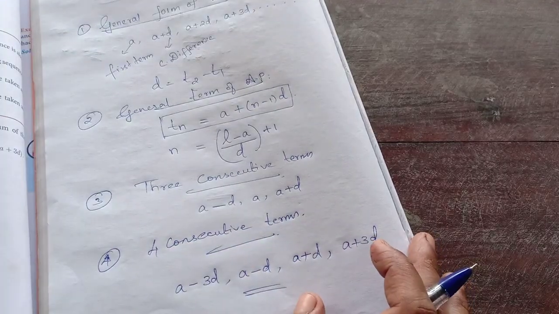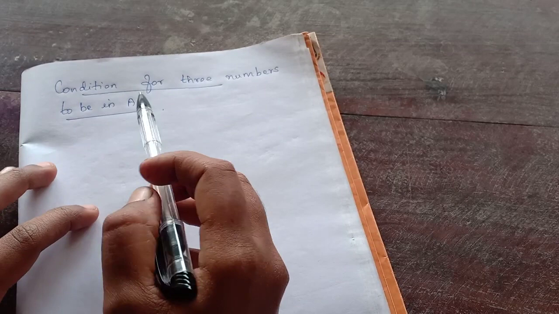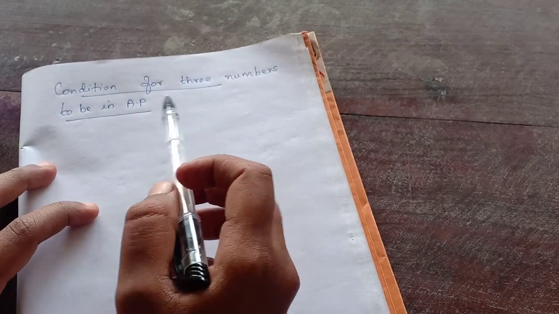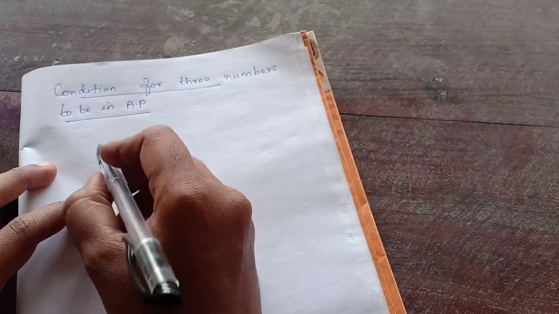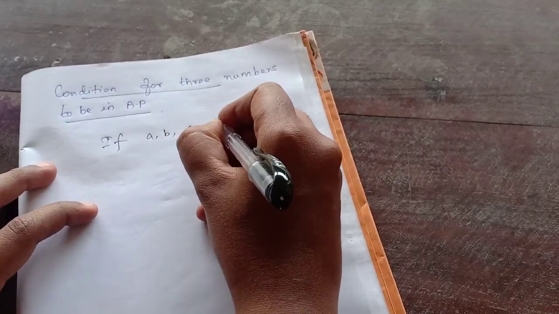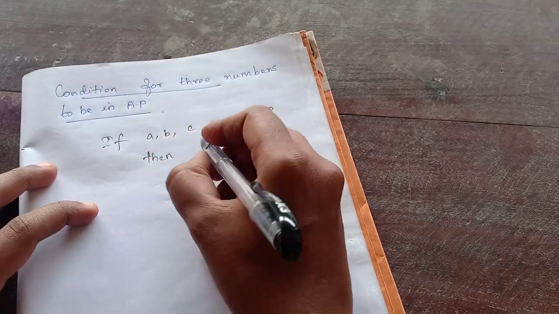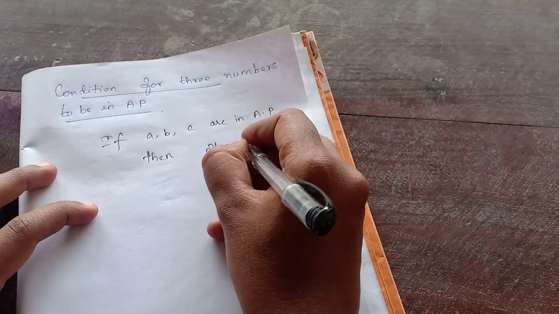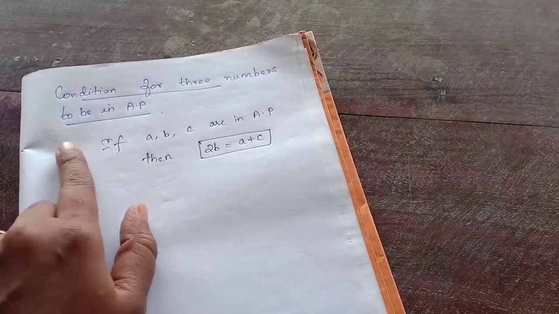Okay. Listen. Now we need to find the condition for 3 numbers to be in AP. If A, B, C are in AP, then we need to prove that 2B is equal to A plus C. That is the condition for 3 numbers to be in AP.